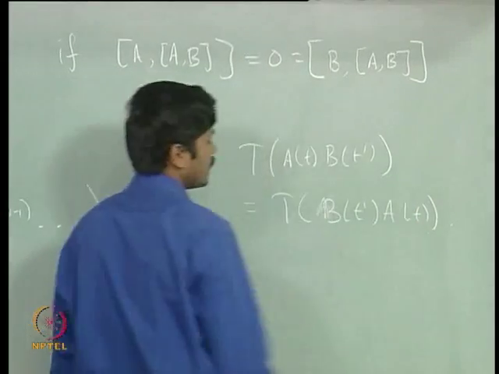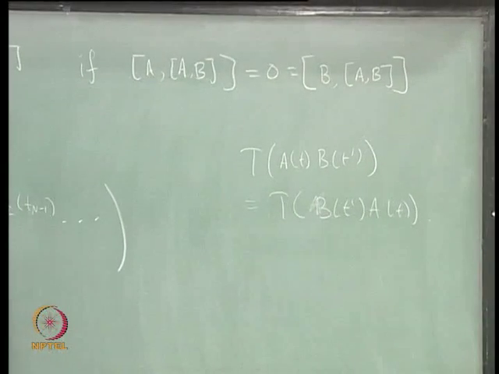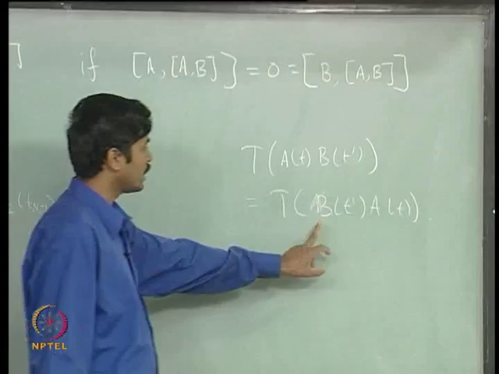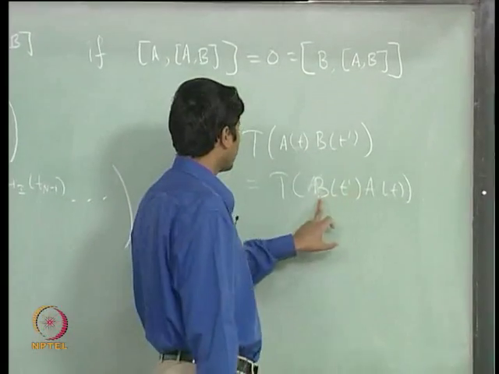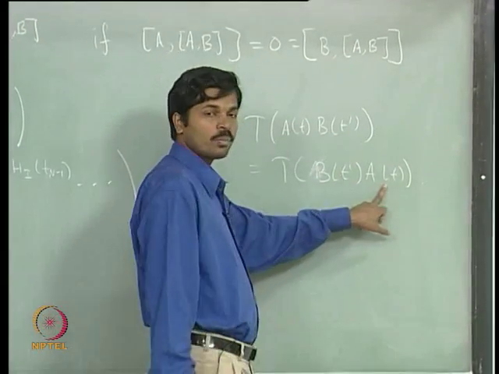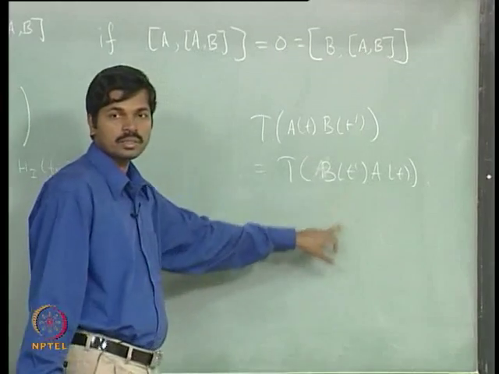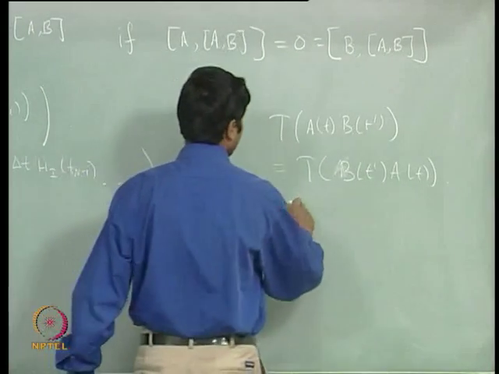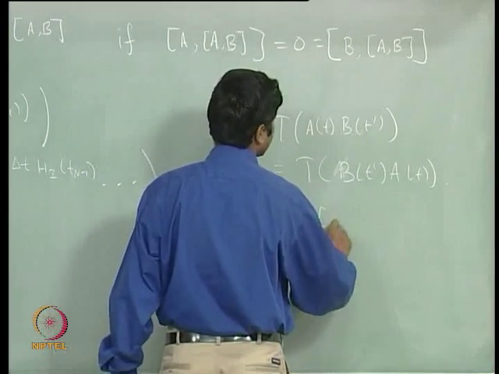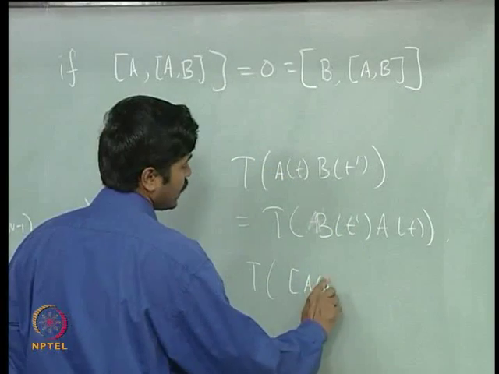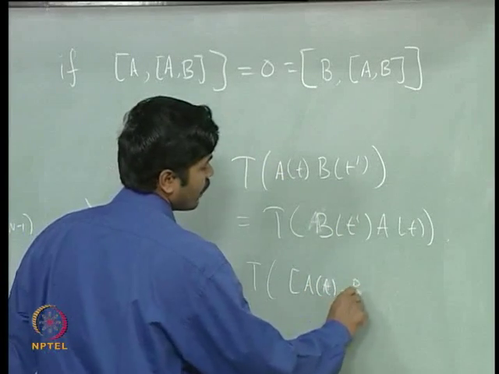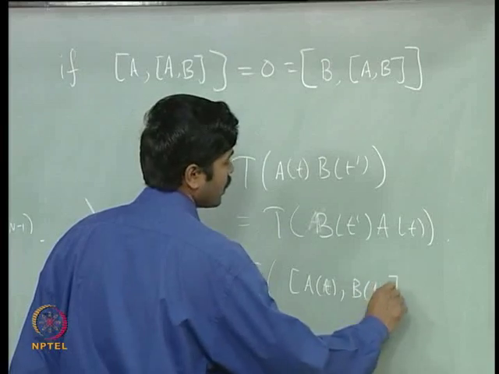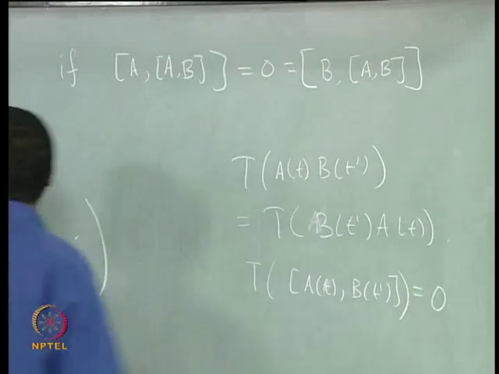You just use the definition of the time ordered product. It does not matter in what order you write operators inside the time ordering. Therefore, the time ordered product of the commutator of any two operators a of t, b of t prime becomes 0.